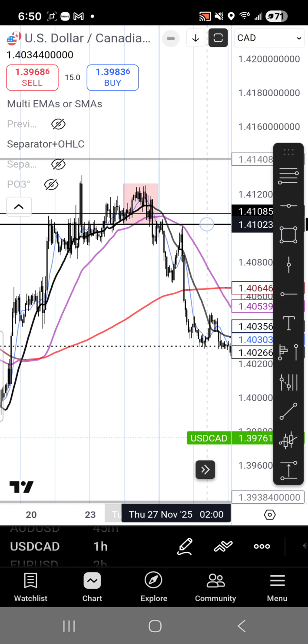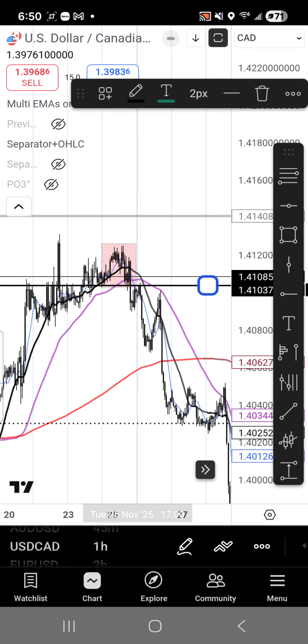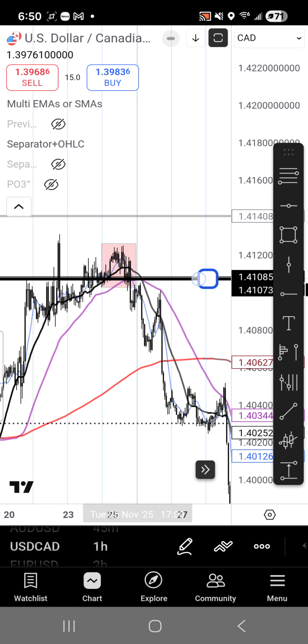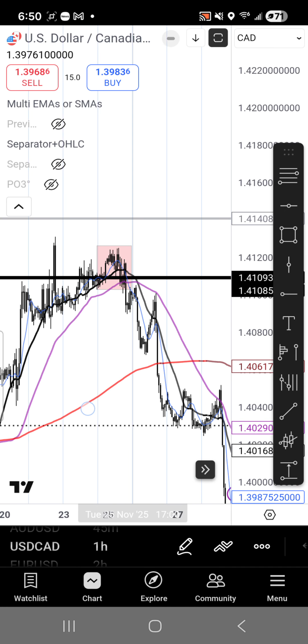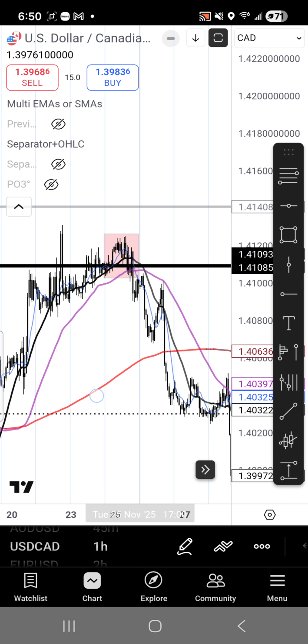And remember this line that we made earlier. Not this one, it's this line here. That's the higher time frame supply. So we're at a high of the month, and we're running into an old block.